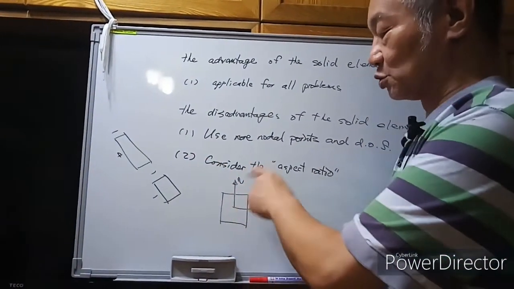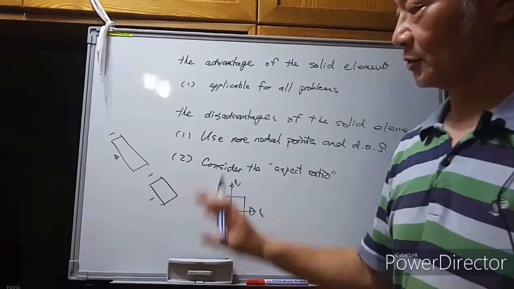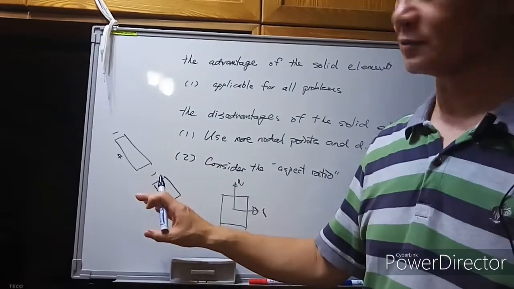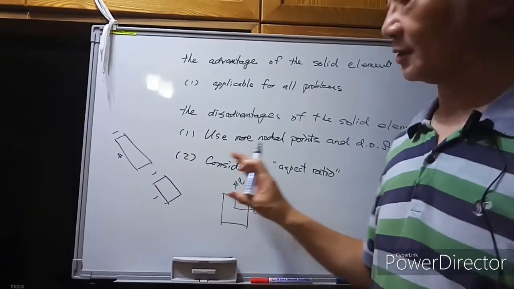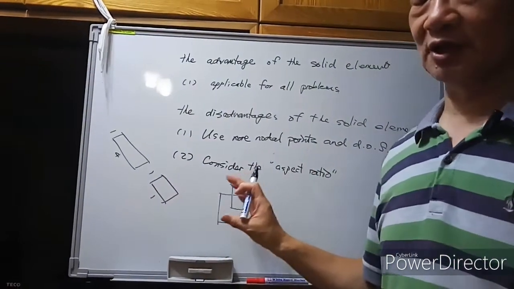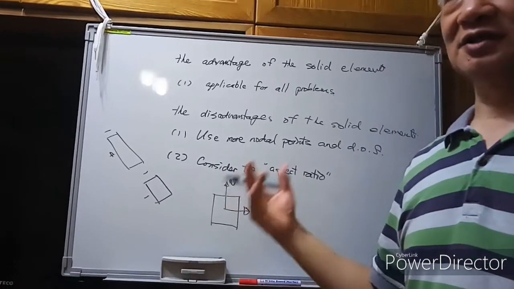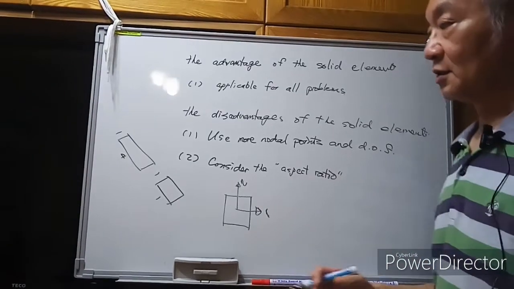So the aspect ratio for the master element is equal to 1. If you would like to get more accurate results, the aspect ratio of the real element had better be close to the aspect ratio used for the master element. In this case, you can get better accuracy.